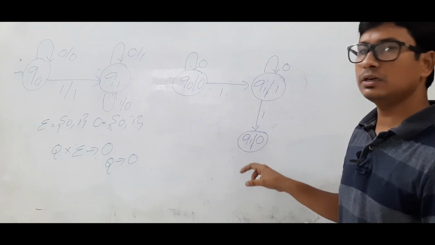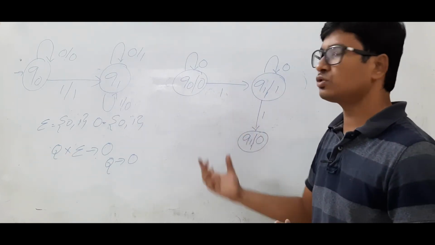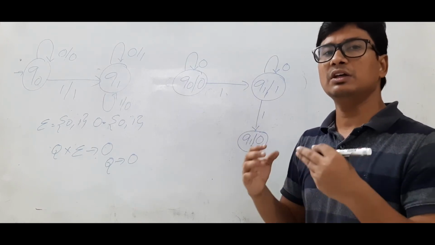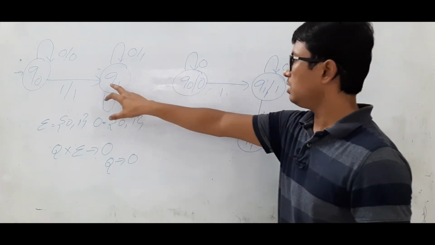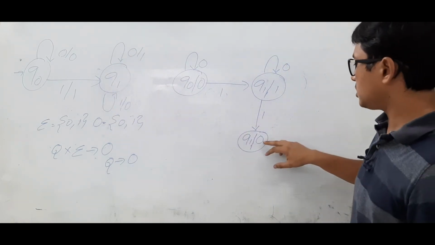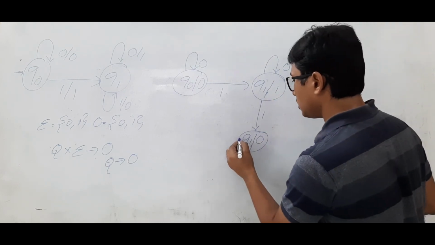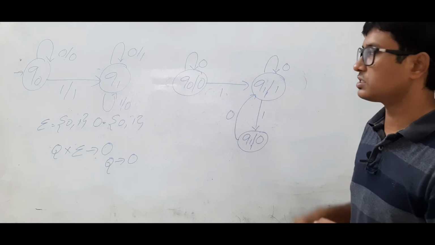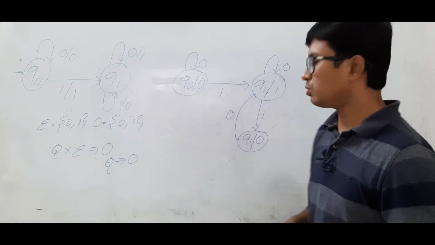Now from this state on 0 and 1 we have to see what will happen, because first it should satisfy the deterministic finite automaton properties, whether it is a Mealy machine or a Moore machine. From Q1 on 0, you should go to the Q1 which produces output 1.